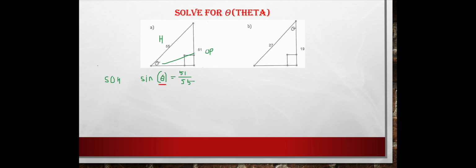Now in this case, whenever you want to figure out what an angle is, what we have to use is the sine inverse button. And this is the button that has the -1 on the calculator. We type that button and we put 51 over 55 into that function. And when we type this in, this is just going to tell us what the angle is. In this case, the angle is just 68 degrees.